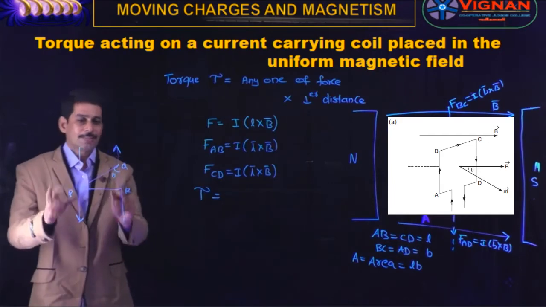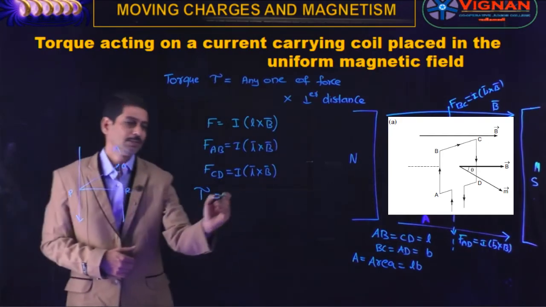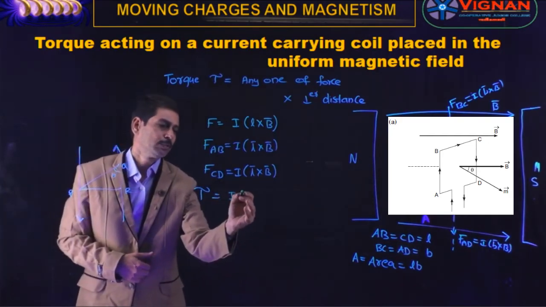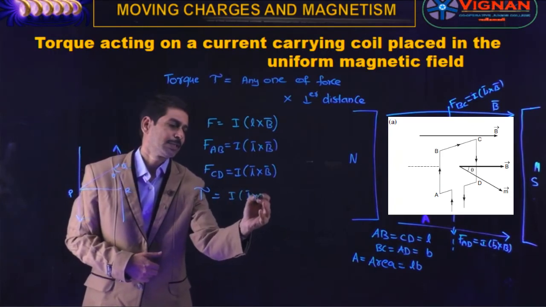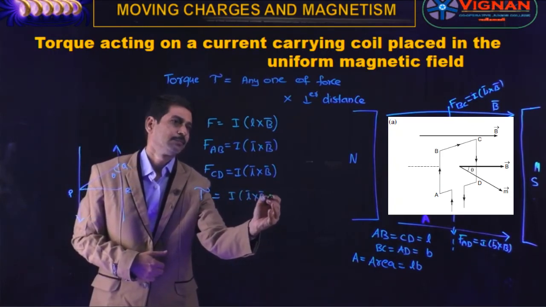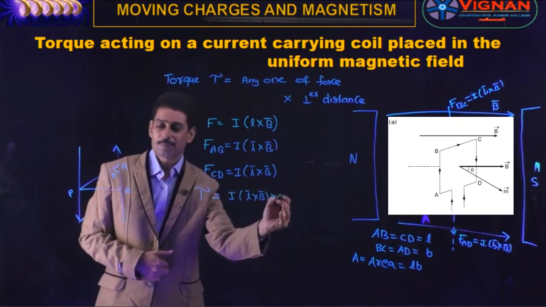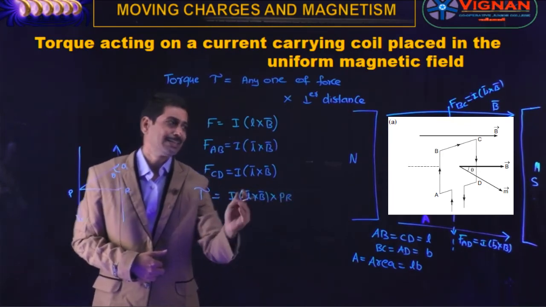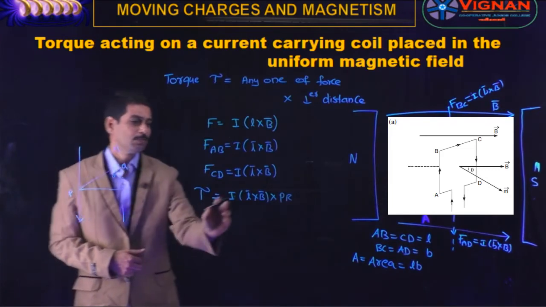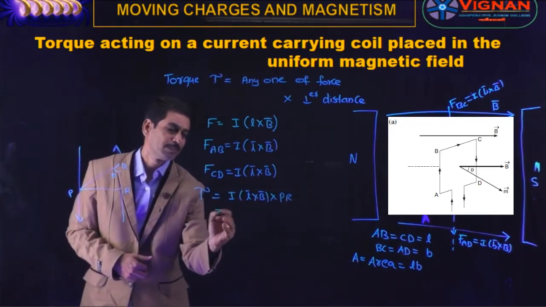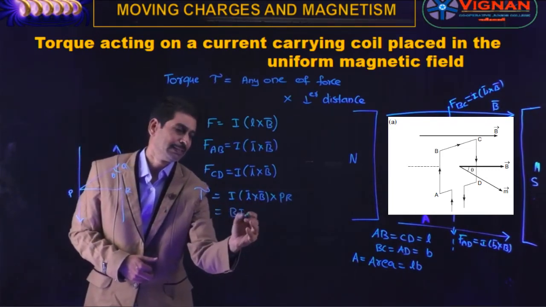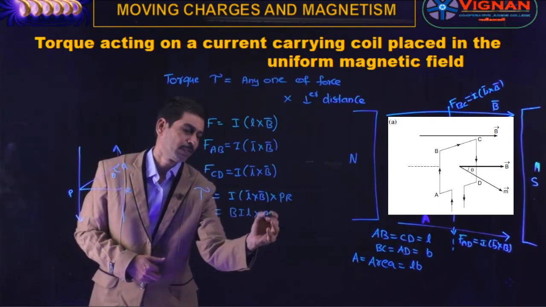So the perpendicular distance here is nothing but PR. So I into L bar cross B bar into PR, and here the angle is 90 degrees. So B I L sin 90, it becomes BIL into PR, the perpendicular distance.